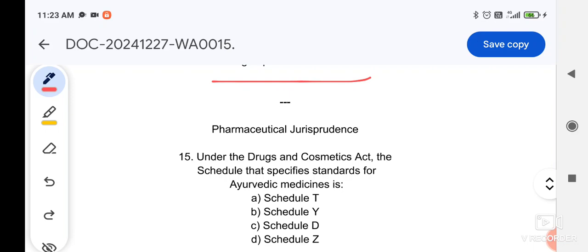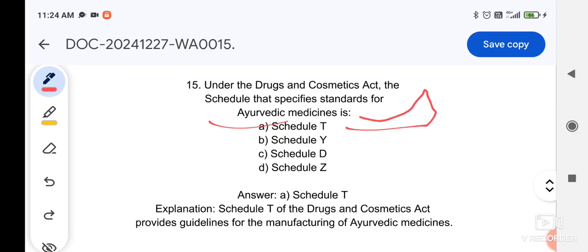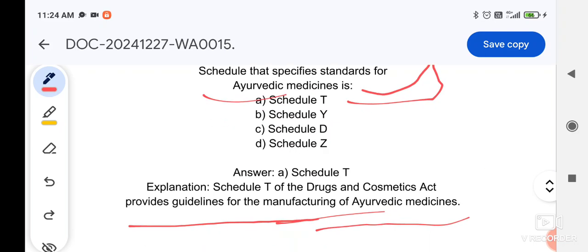Under the Drugs and Cosmetics Act, the schedule that specifies standards for Ayurvedic medicine: option A Schedule T, option B Schedule Y, option C Schedule D, option D Schedule Z. The correct answer for the 15th question is option A, Schedule T. Schedule T of the Drugs and Cosmetics Act has guidelines for the manufacturing of Ayurvedic medicines.